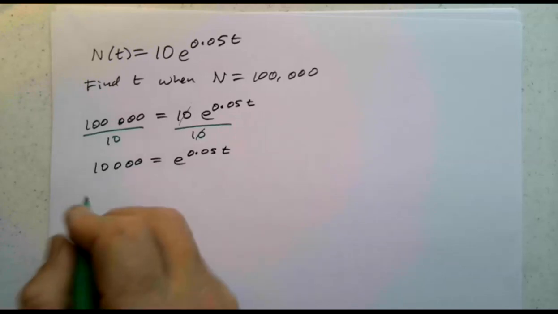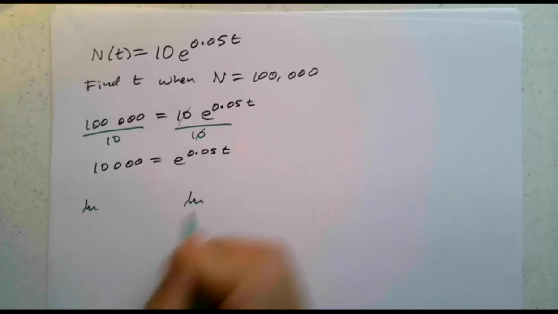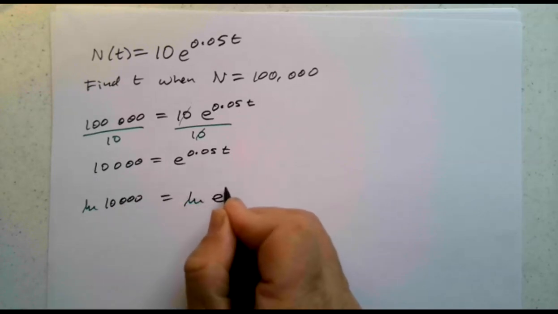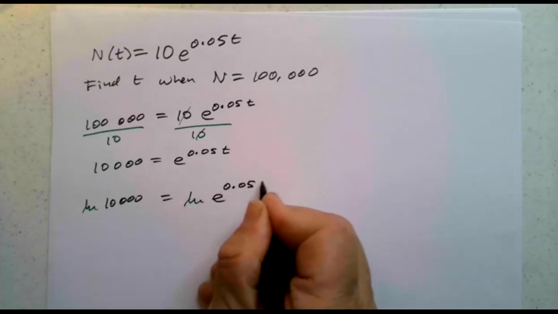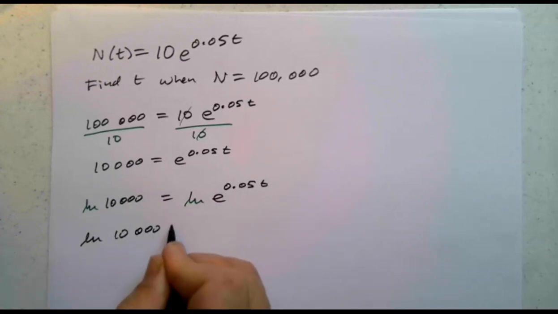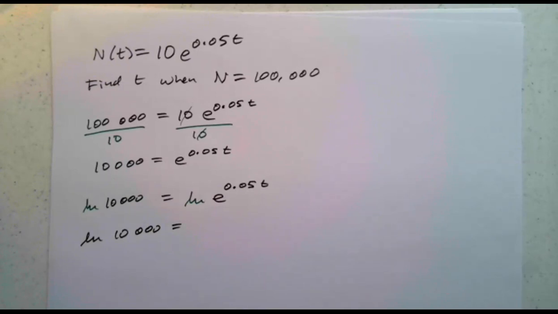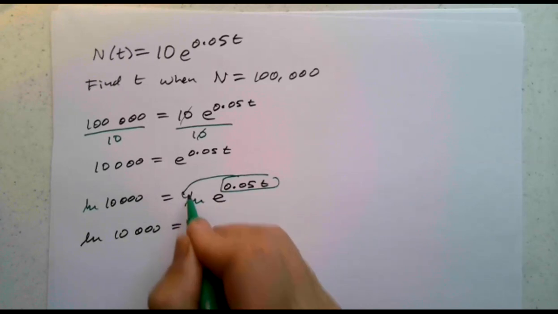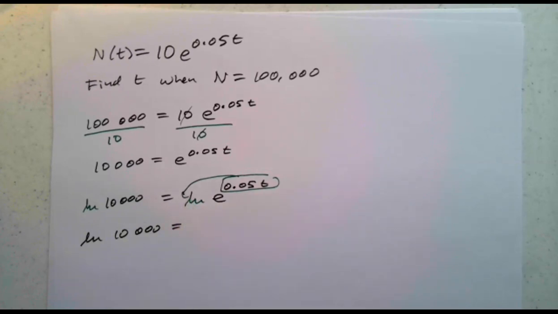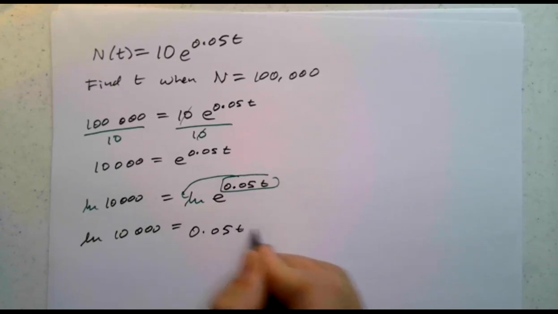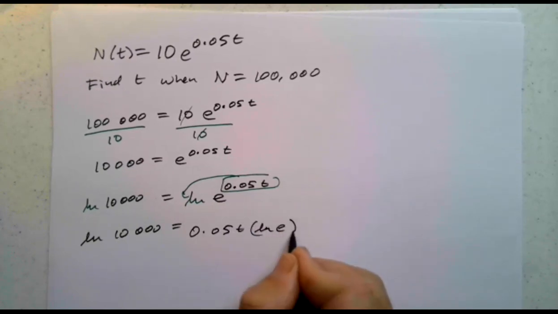Natural log of the left, natural log of the right. So natural log of 10,000 equals natural log of e to the 0.05 t. We can pull the exponent down in front. So this comes down, we get 0.05 t natural log e.